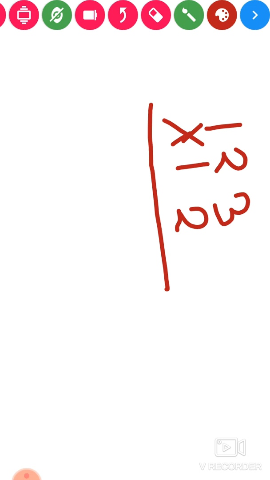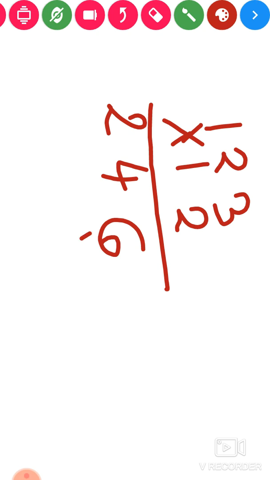Okay, let us start. Now 2 threes are 6, 2 twos are 4, 2 ones are 2. Okay, this much you have done. What have you done next? Put a cross below 6. Now 3 ones are 3, 2 ones are 2 and 1 one is 1.